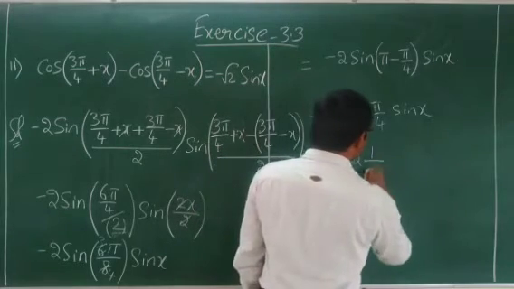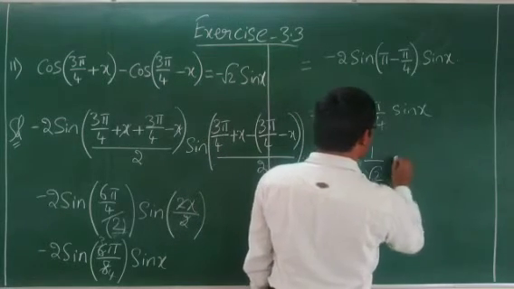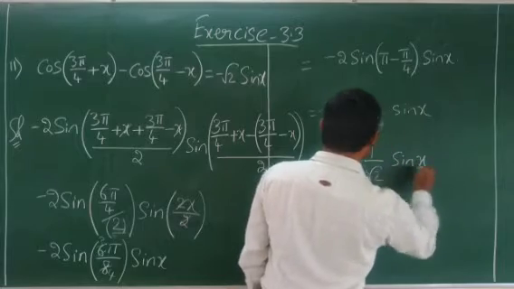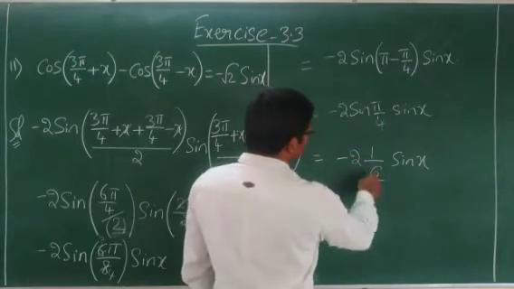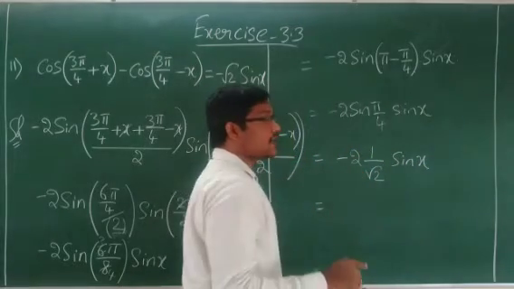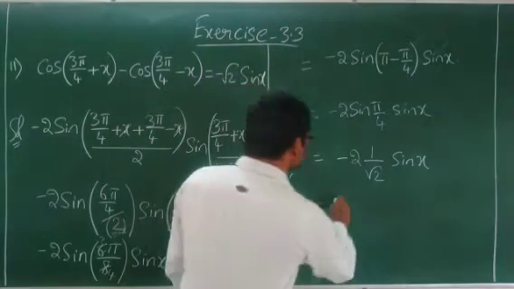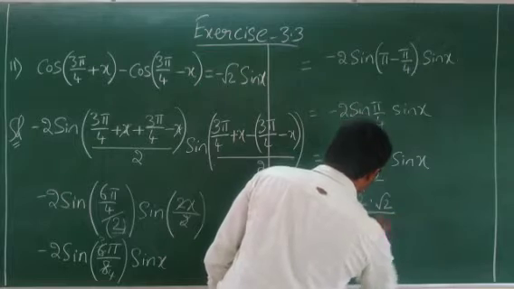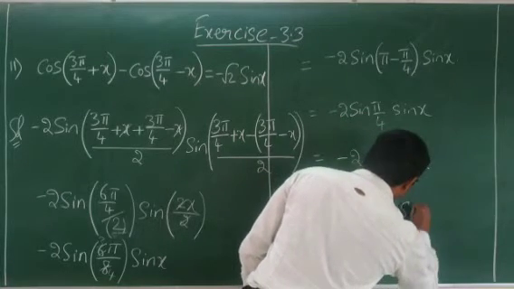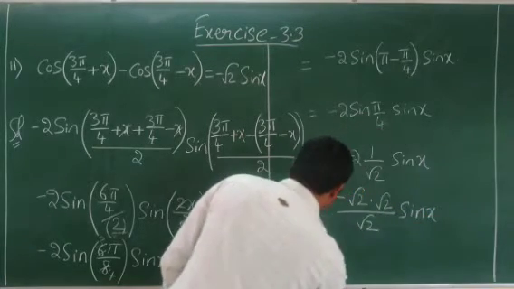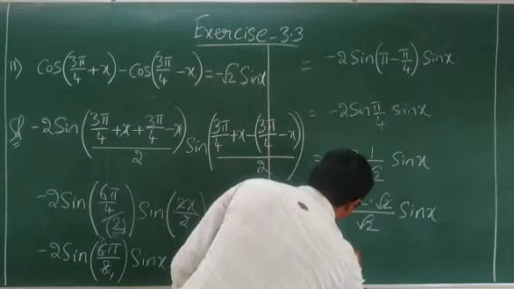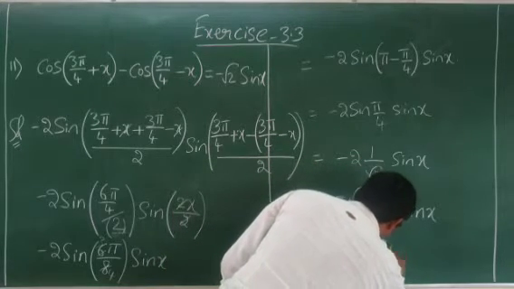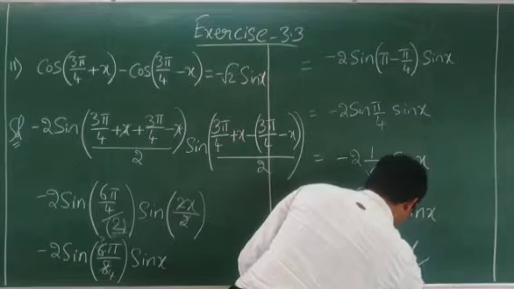Sin pi by 4 is 1 by root 2 into sin x. We can write 2 as root 2 into root 2, by root 2, sin x. So the root 2 cancels and the result is minus root 2 sin x.